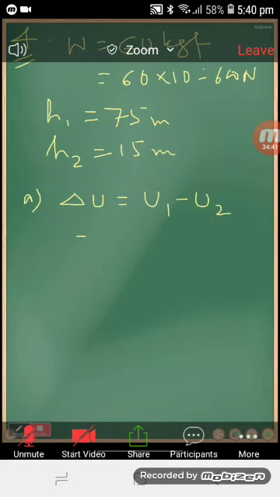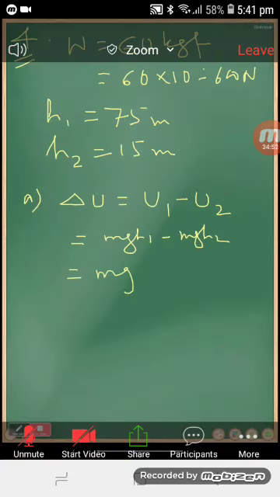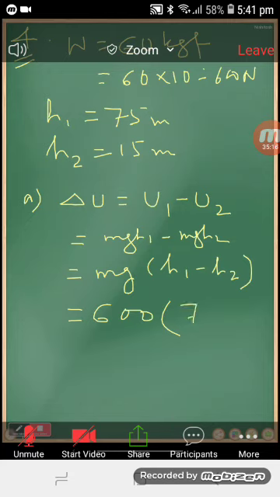This will be equal to mgh1 minus mgh2, or we can write it as mg(h1 minus h2). Now mg means your weight, so we can write it as 600, and h1 minus h2 is 75 minus 15.